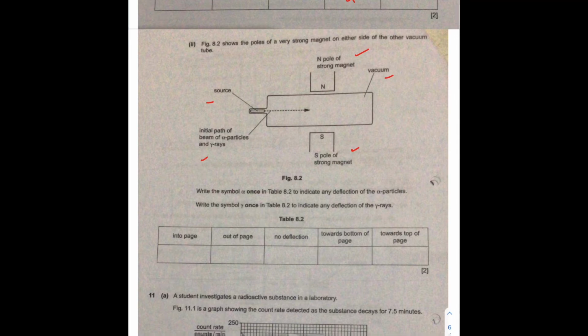So it will bend towards negative. So alpha will go into the page because the south pole is negative, the north pole behaves as positive. So alpha is into the page. So south is negative, remember, north is positive.